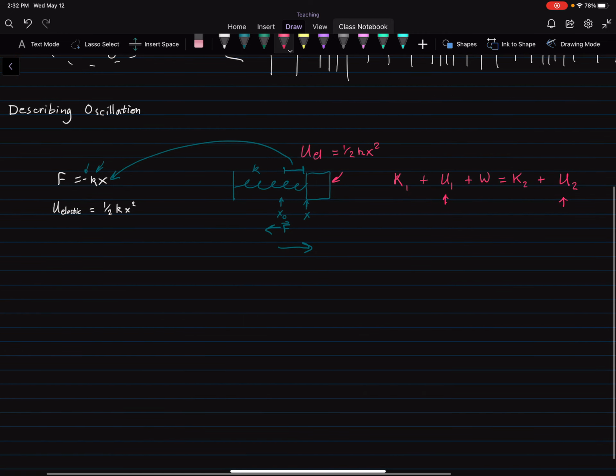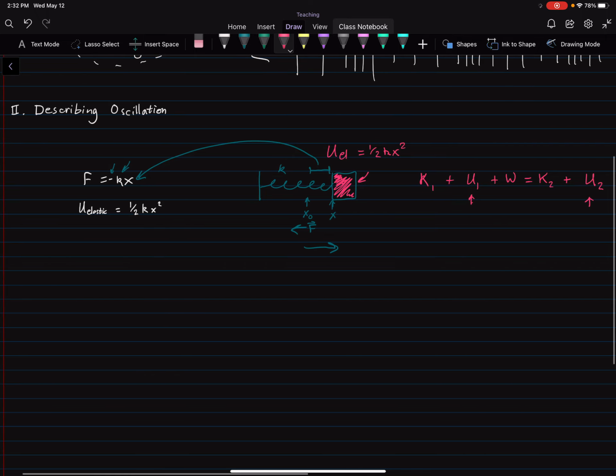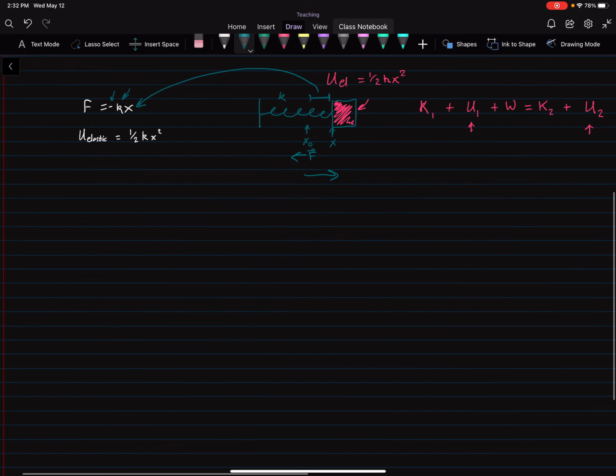But we were focused on the block that the spring was doing work on, not on the spring itself. What happens, and we know this because we live in the real world, is the spring will go back and forth. It vibrates. It pulls back and compresses a little bit. Let me draw a sequence of events just looking at the spring.